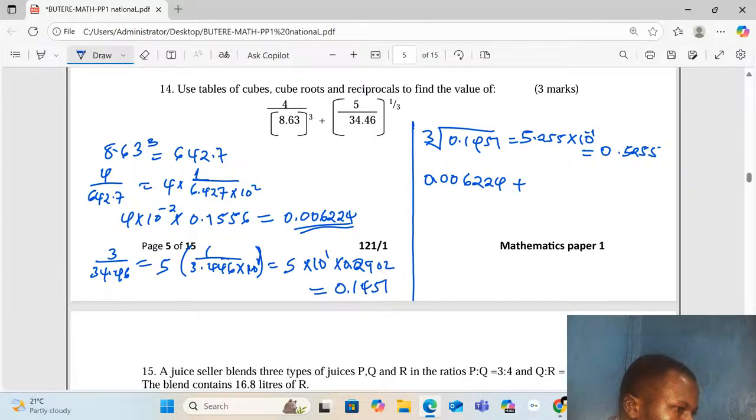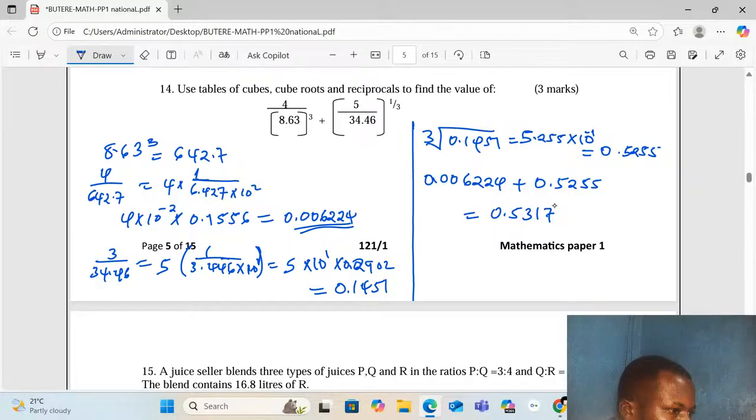We add now 0.5255. When you add the two, you're going to get 0.5317.